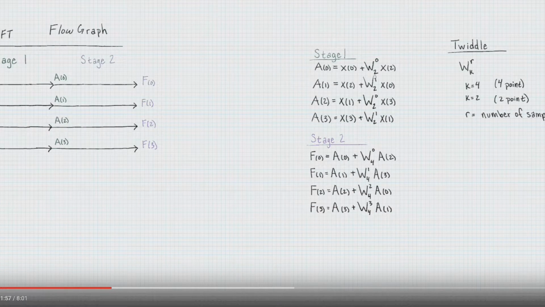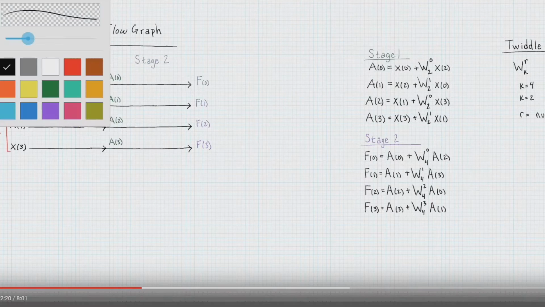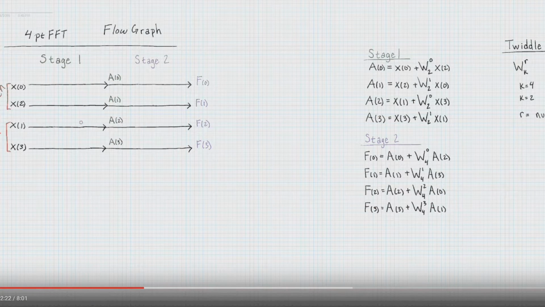So in our 2-point, you can look for the 0th sample or the first sample. That's where we get our W0 of 2, W1 of 2, and that repeats for each of the 2 points that we have, in our even and our odd. And then over in our stage 2, it's a 4-point in our base. K's are 4s, and we have our R values from 0 to 3.